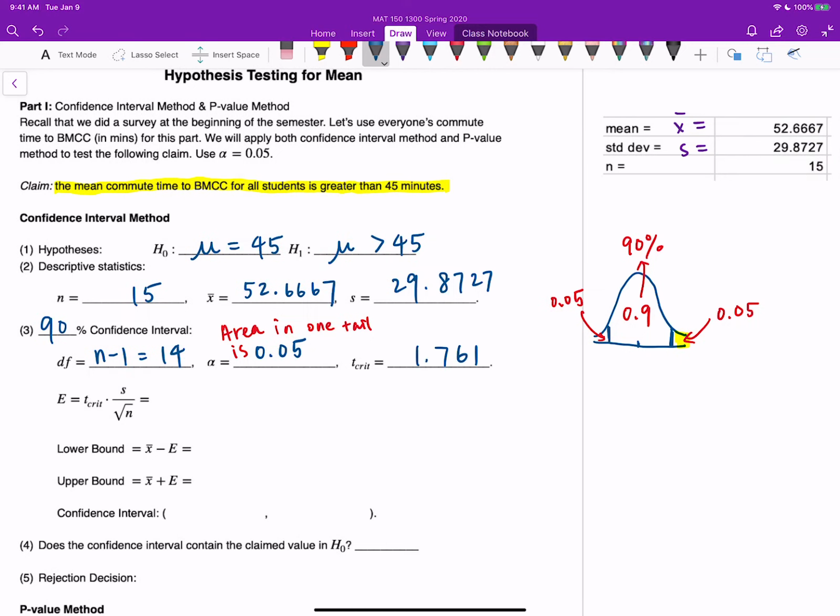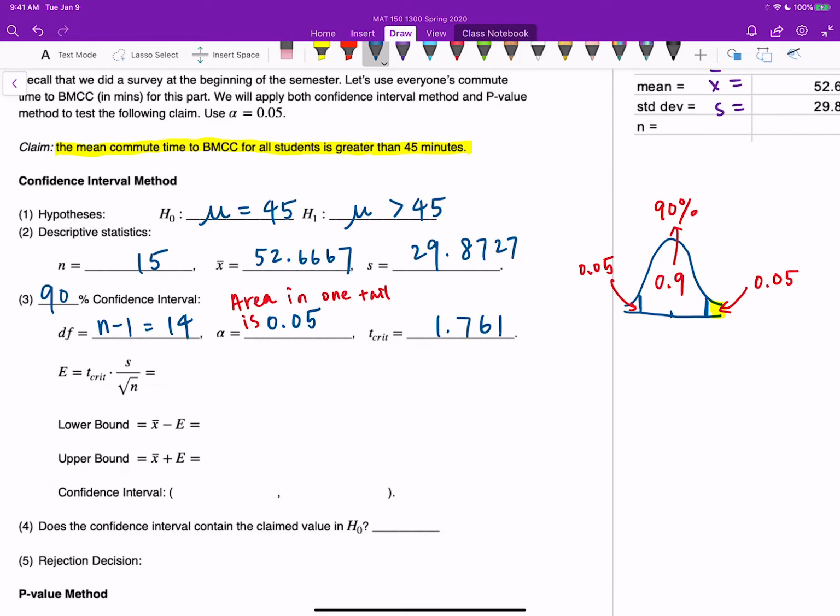Moving on to the margin of error, we're going to plug in critical value 1.761 multiplied by sample standard deviation, which is 29.8727, divided by square root of 15. Let's calculate what this is.